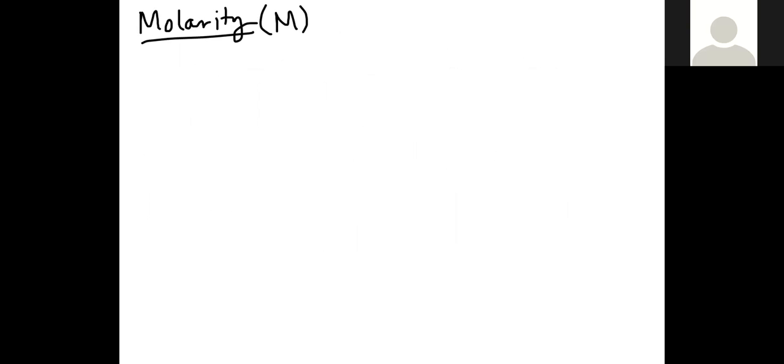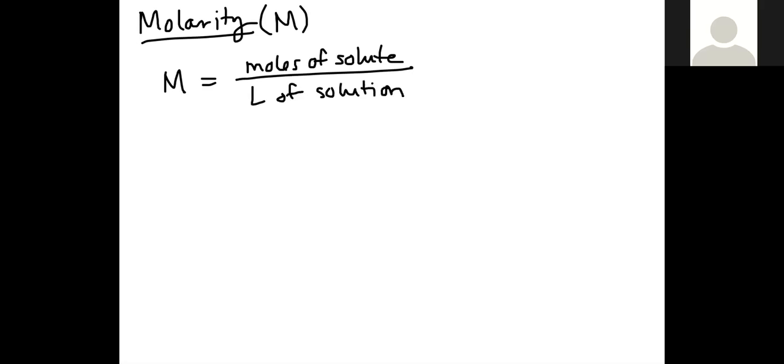And so molarity is abbreviated as M, but M stands for moles of solute over liters of solution, which means when you use it as a conversion factor, you're going to use it as moles over liters. So the M is moles over liters.